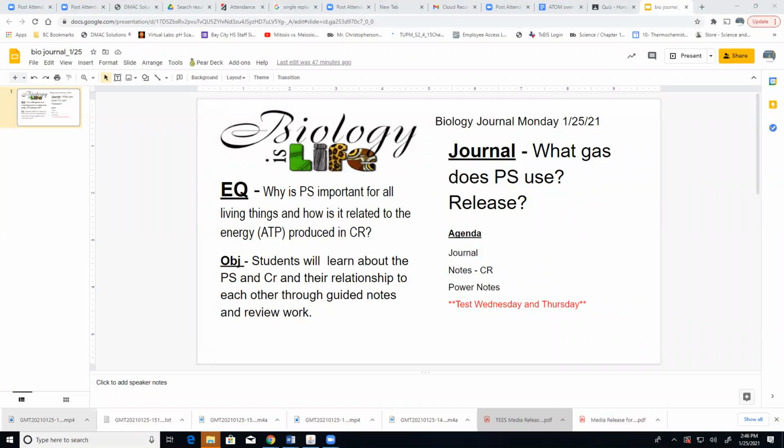Jalen, we have a test over this unit, photosynthesis and cellular respiration. And Kaden too, I forgot you got out. On Wednesday we'll have a multiple choice portion, and then Thursday there'll be some diagrams.